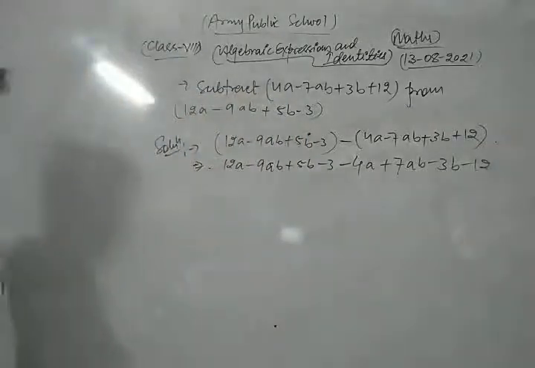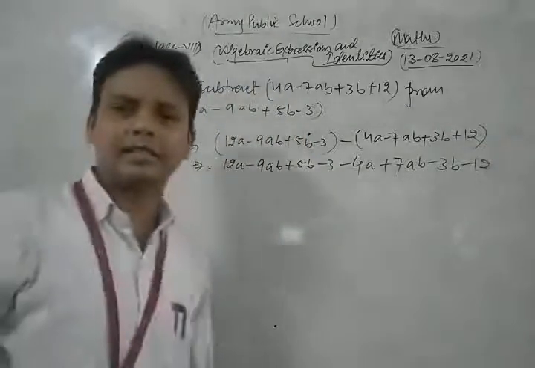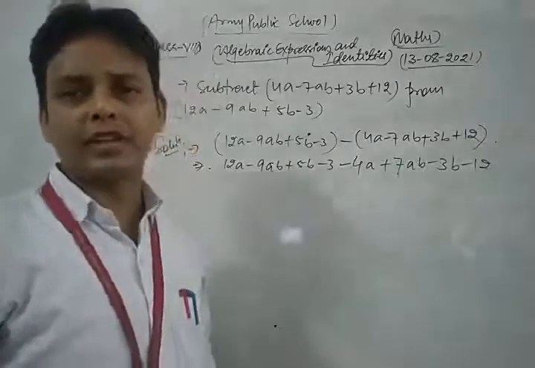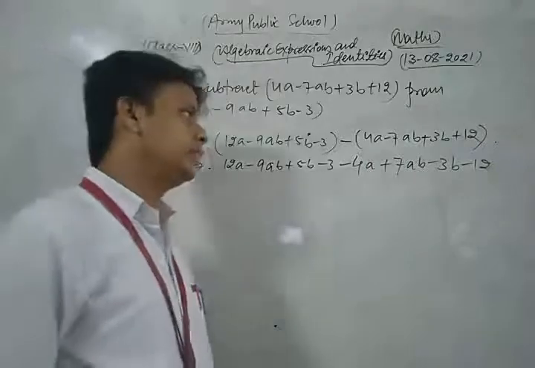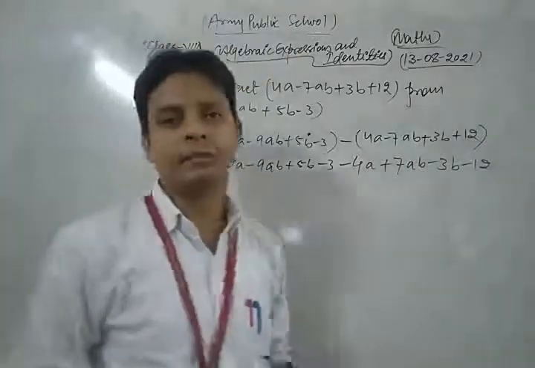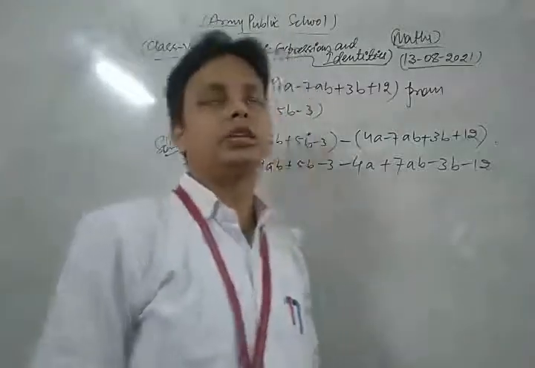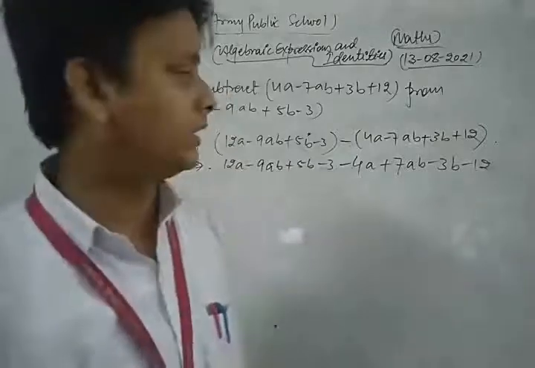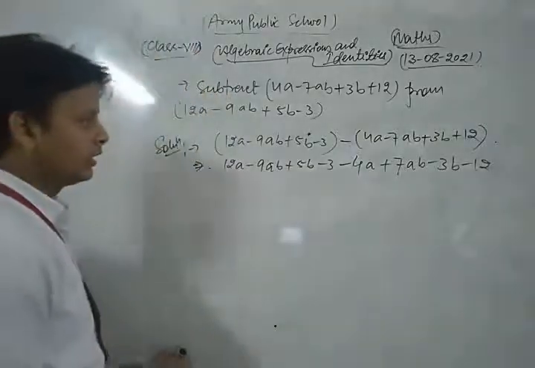Now we simplify these algebraic expressions using the concept of addition and subtraction. We already discussed in the previous class that we add or subtract only the like terms. So first of all, we collect the like terms.